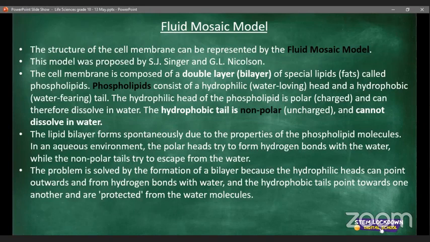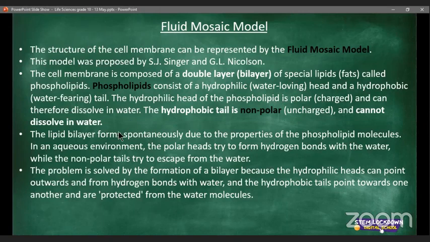The hydrophobic tail is the nonpolar tail, meaning that it cannot dissolve in water. Remember, phospholipids are special fats, and fat cannot dissolve in water.